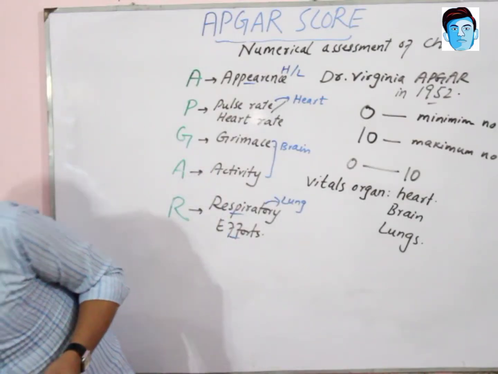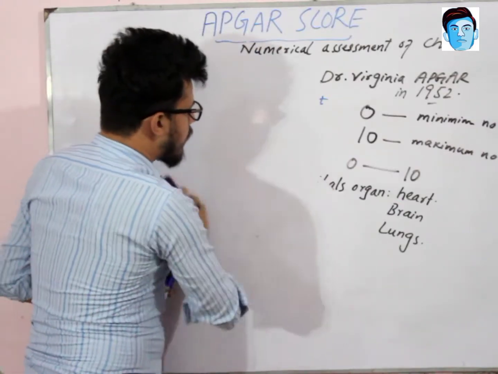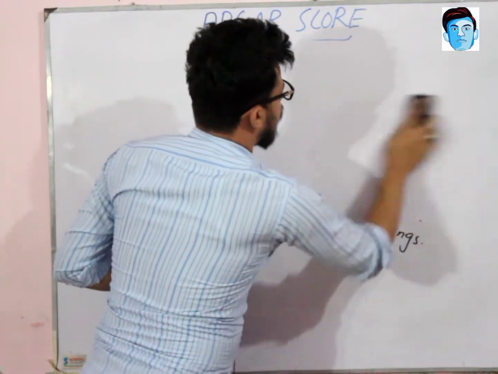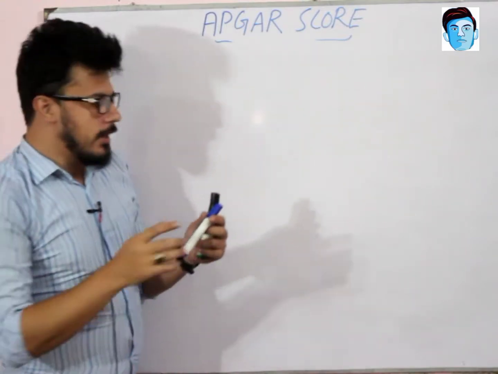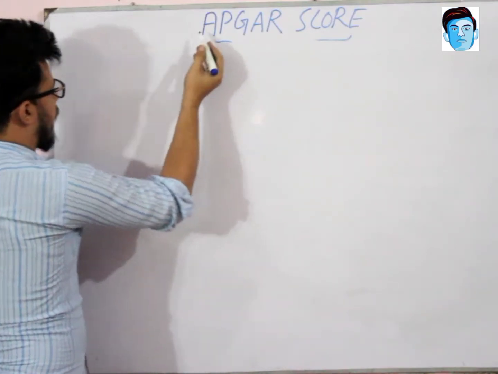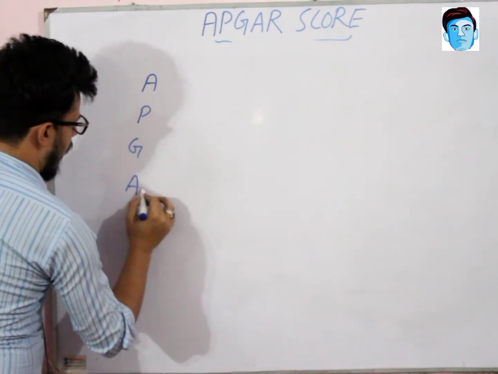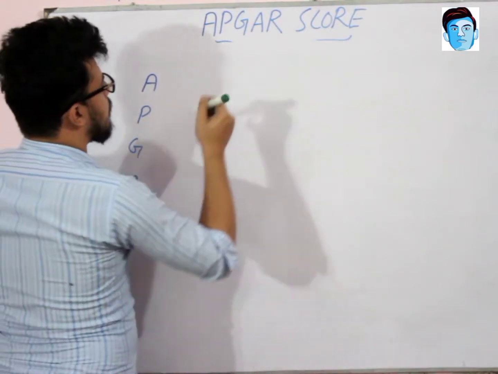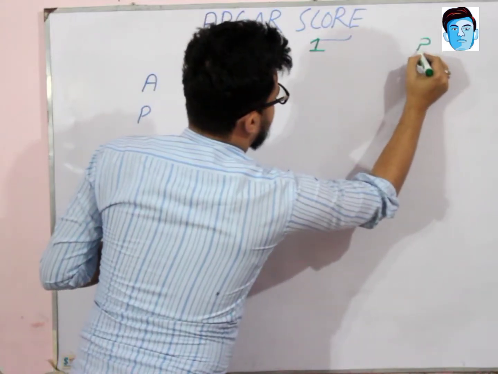Now let's discuss the scoring of the APGAR score, how actually it is distributed. So the minimum number is 0 while the maximum number is 10. Now let's say we have different components, as I told you earlier, that is A, P, G, A and R, while we have three numbers, that is 0, 1, and 2.